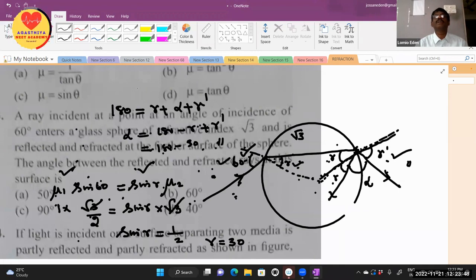This one, minus sign comes. Minus 60. Therefore, 90 degree. Understand? Any doubt? 180 is equal to R plus alpha plus R dash. Therefore, alpha is equal to 180.